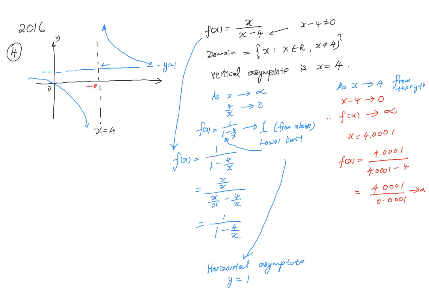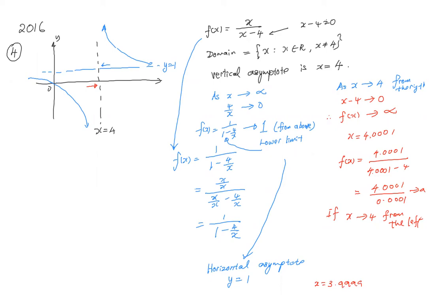Okay, if x approaches 4 from the left, from the left means my x is less than 4. So for example, x equal to 3.999999.